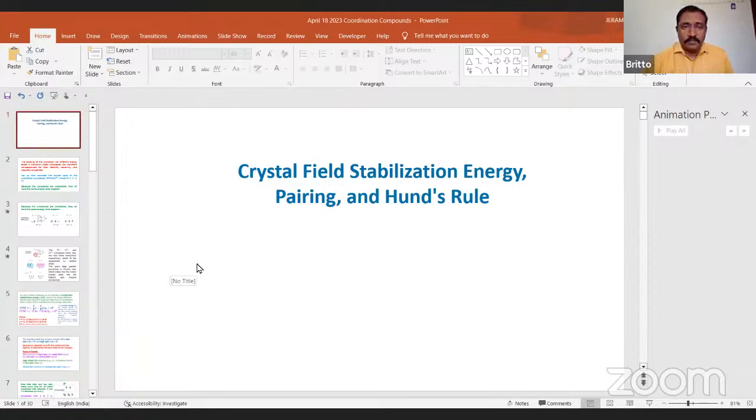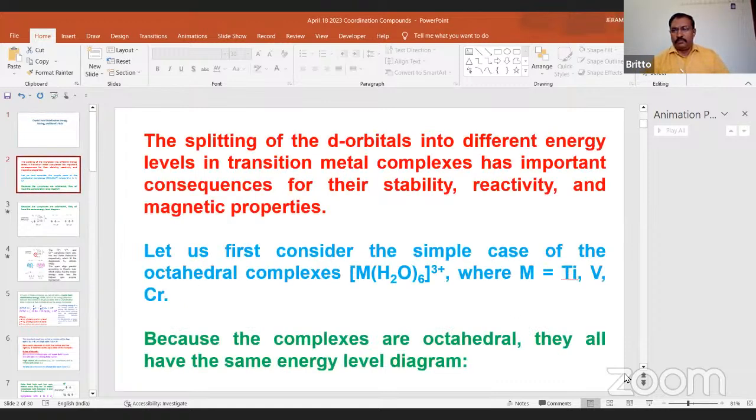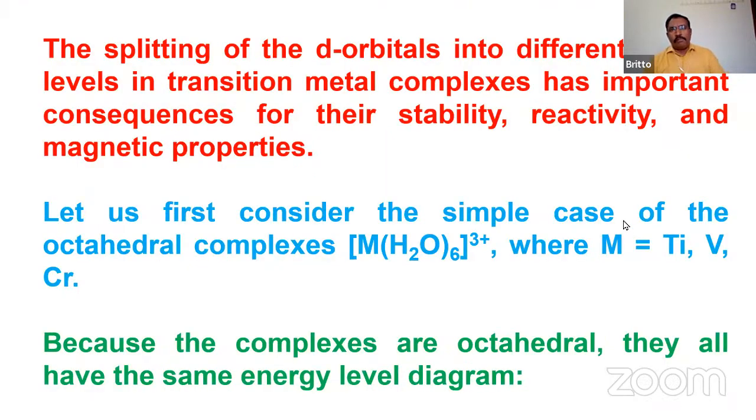Okay, now let us look at crystal field stabilization energy. In this, we are going to learn pairing and also Hund's rule. We all know from previous classes that under the influence of ligands, the d orbitals undergo splitting.